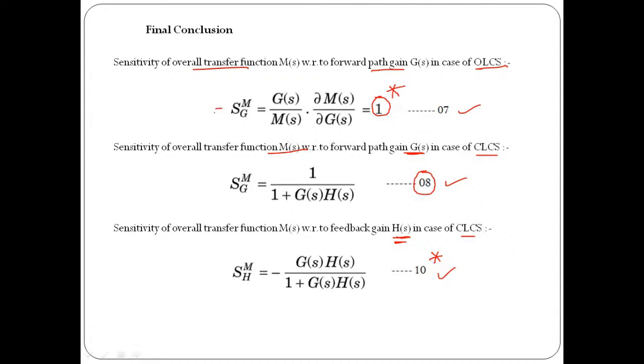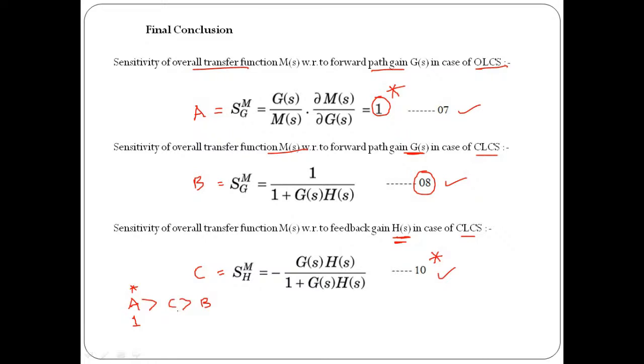For example, if you indicate this particular value by A, this particular value by B, and this particular value by C, so I can say that the value of A is more as compared to C, and C will be more as compared to B. So A is the highest possible value and it is 1.